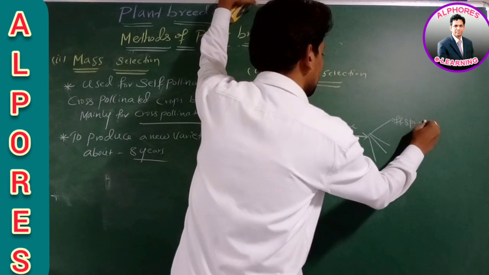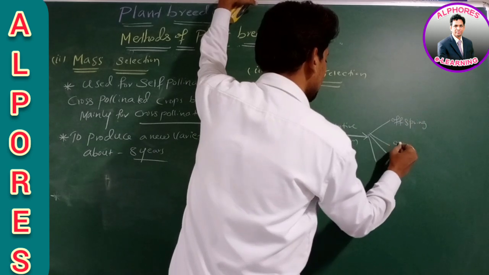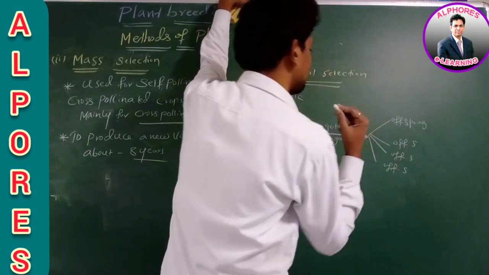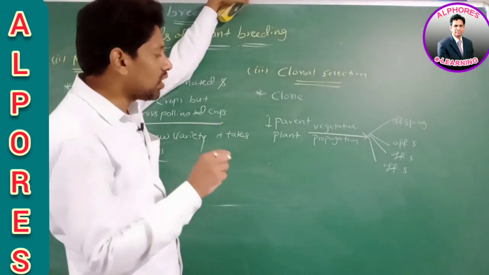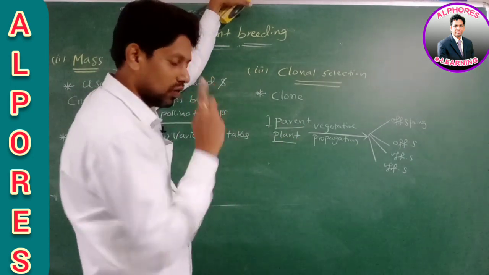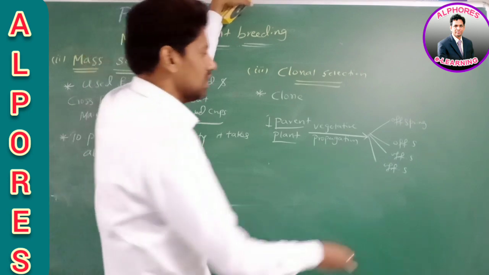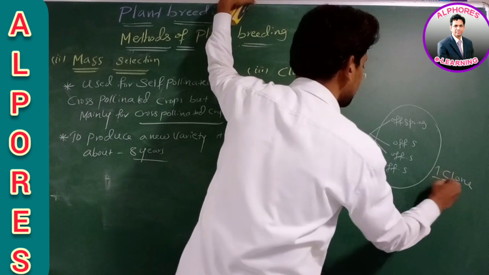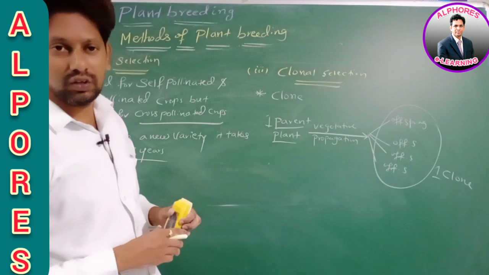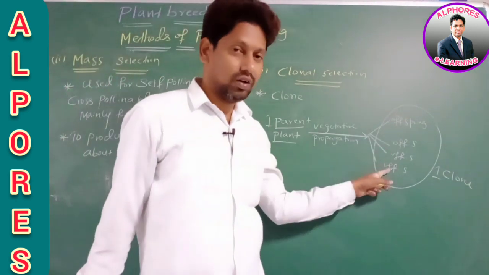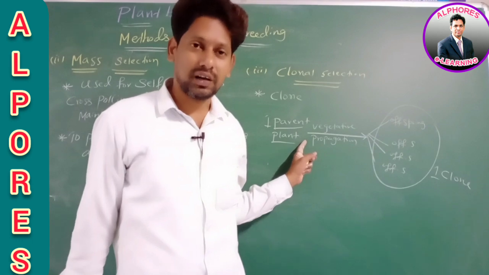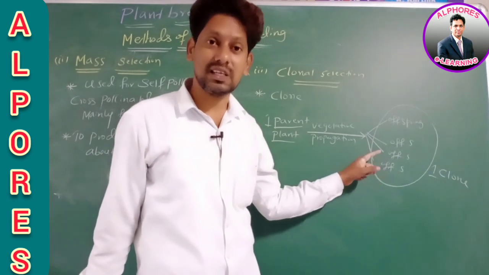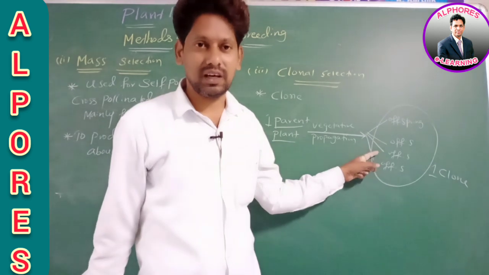For example, this parent plant undergoes vegetative propagation and produces 4 offsprings. These 4 offsprings are produced from one parent by vegetative reproduction, so they are phenotypically and genotypically similar.